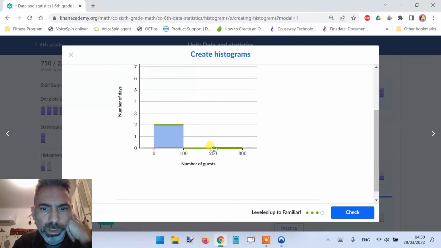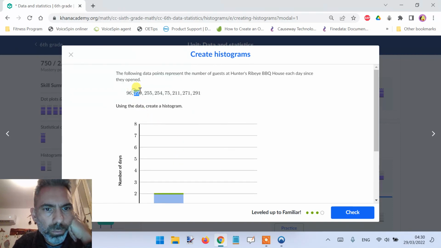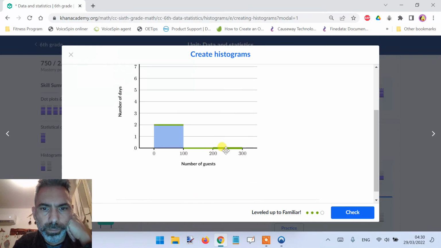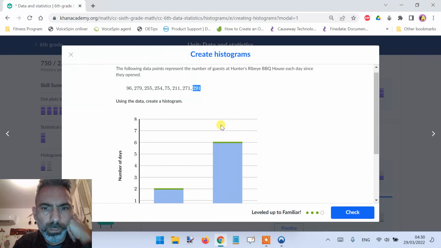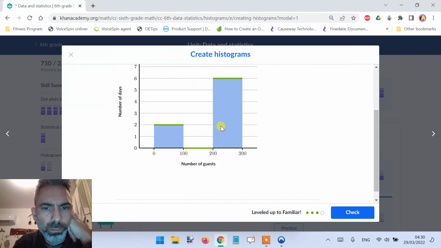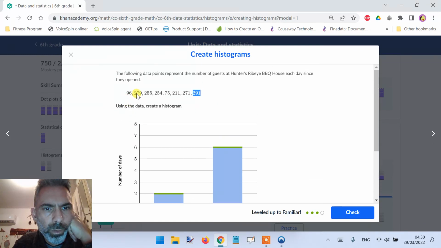Between 200 and 300, we have 1, 2, 3, 4, 5, 6.